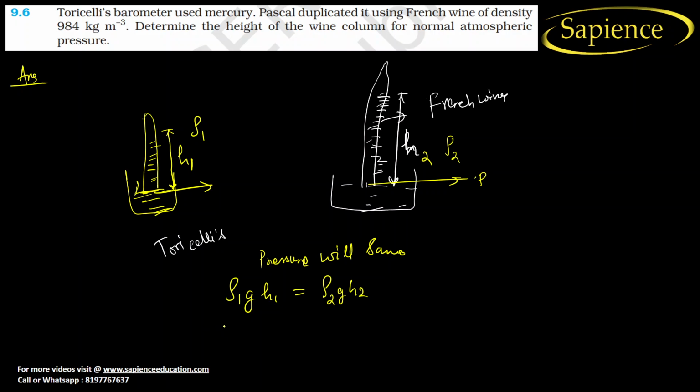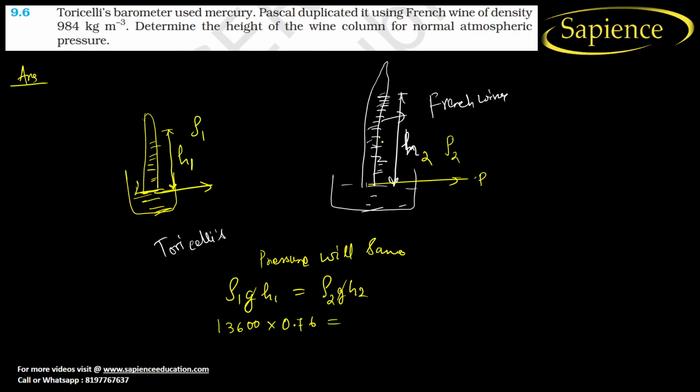Now rho1 is the density of mercury, which is 13600, and g gets cancelled out. The height for the normal atmospheric pressure for mercury, we generally know, is 0.76.